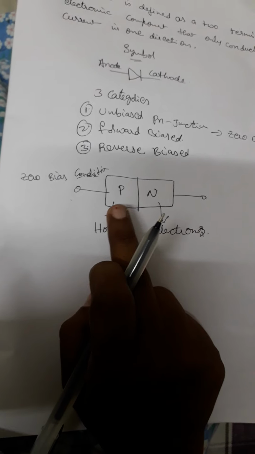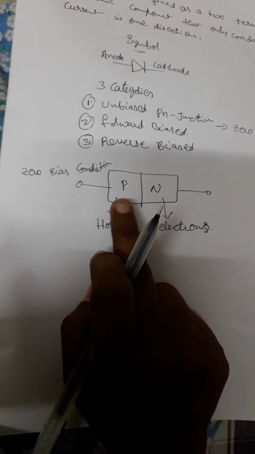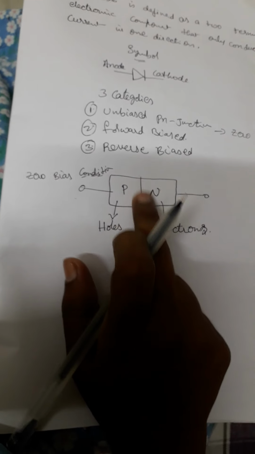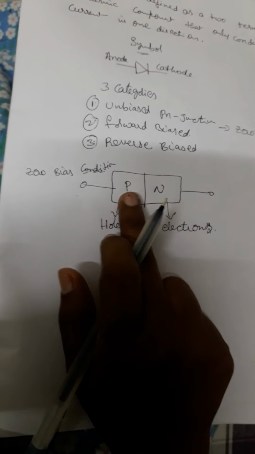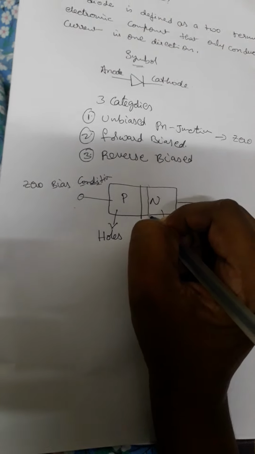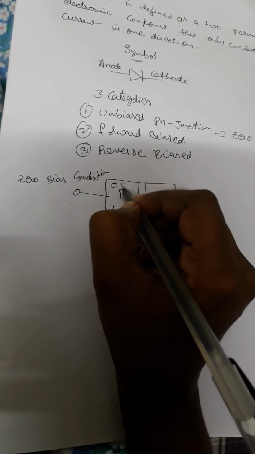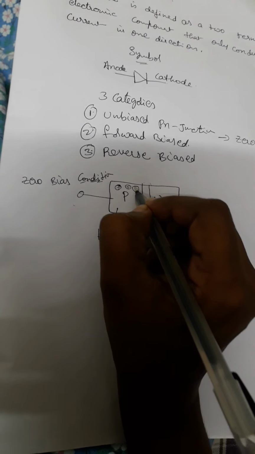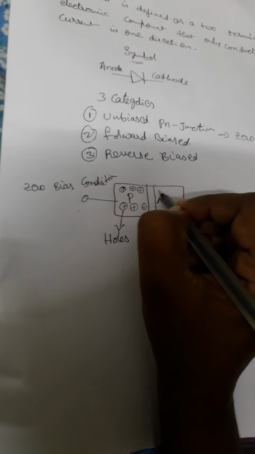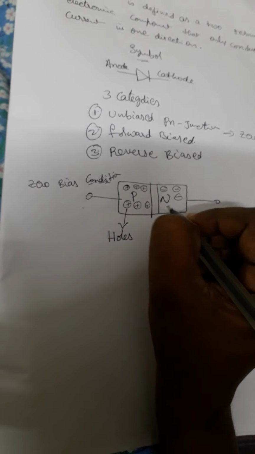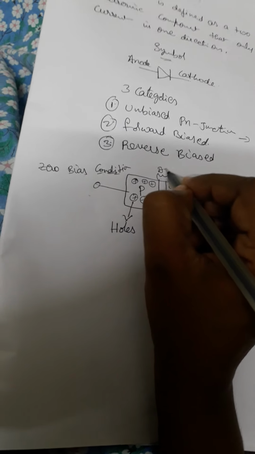The electric field opposes further diffusion of charge carriers, so that there is no movement in the middle region. This region is known as depletion width or space charge. Holes are positive charge carriers and electrons are negative charge carriers.